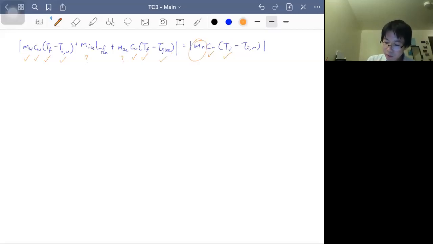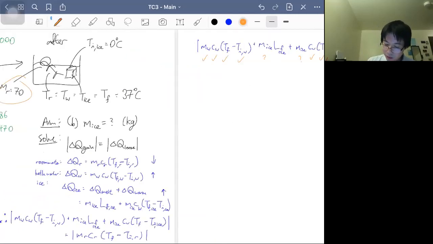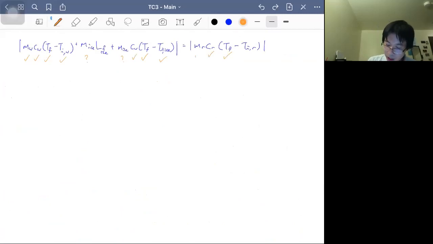Mass of the roommate, do we know that? Mass of the roommate is 70. How about the bath water? The bath water is here, 8 kilograms, so we know both. Just be careful that the mass of the bath water is the mass of water.